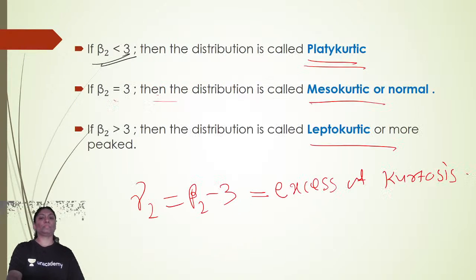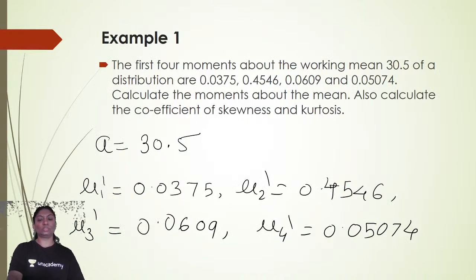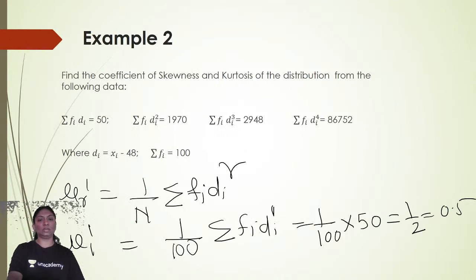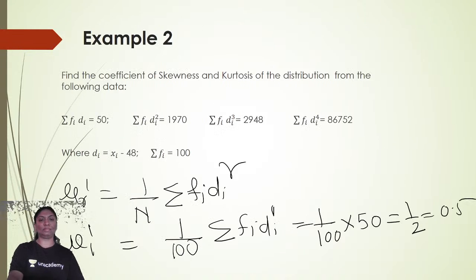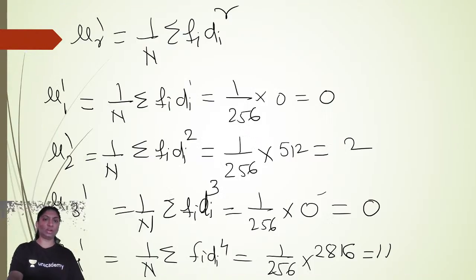Generally the standard value for kurtosis is 3, and whenever it deviates from 3, being less than 3 or greater than 3, the kurtosis is called platykurtic, mesokurtic or leptokurtic.